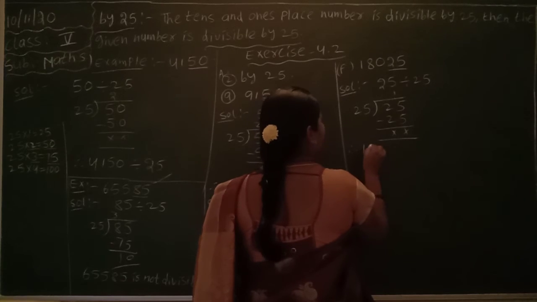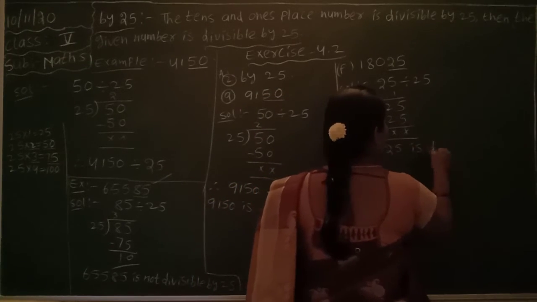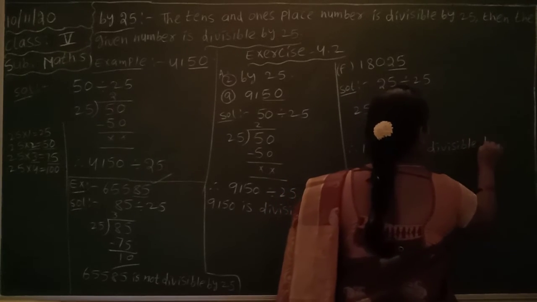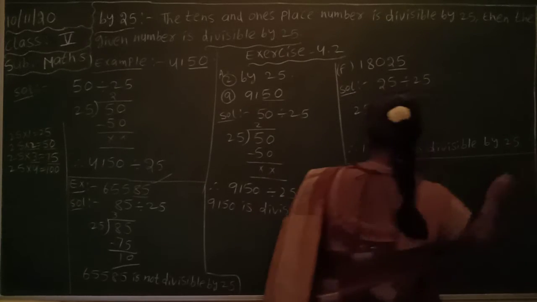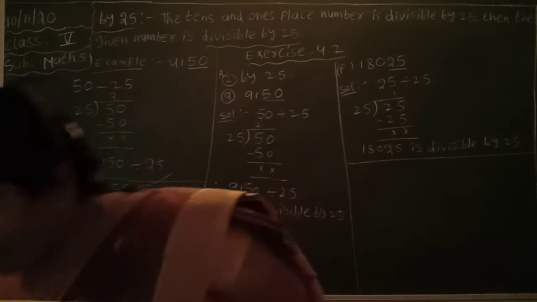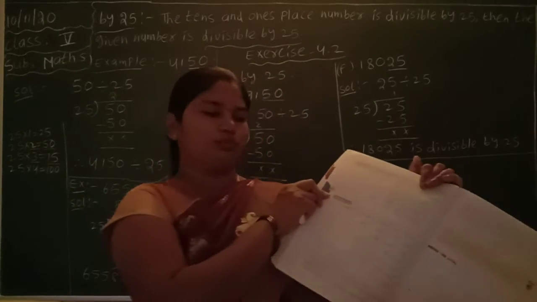Therefore, 18,025 is divisible by 25. Like this.